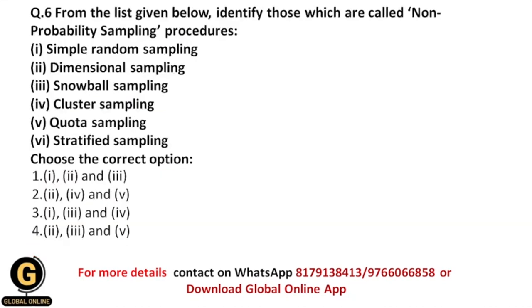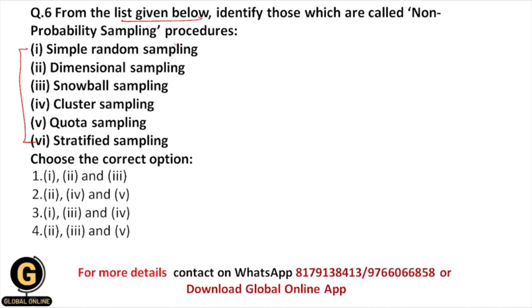Okay, from the list given below, identify those which are called non-probability sampling procedures. Here we have been given different sampling procedures, and we need to identify which are the non-probability sampling procedures among these. Basically there are two types of sampling procedures, probability and non-probability sampling procedures.